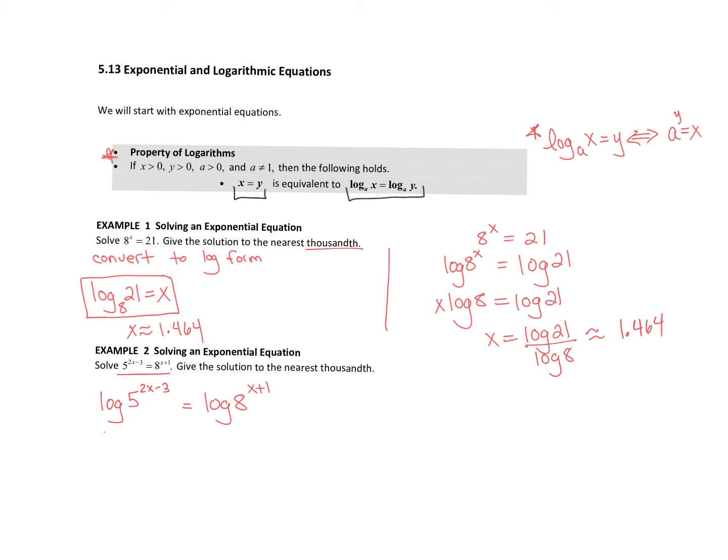And I'm going to use my property of logs to bring my exponents down. Now it's really important when you do this that you put these parentheses, because we don't just want 3 times the log of 5, we want that whole thing times the log of 5. So let's do the same thing over here.